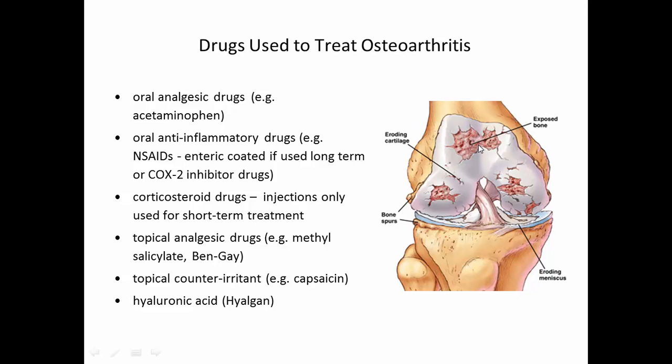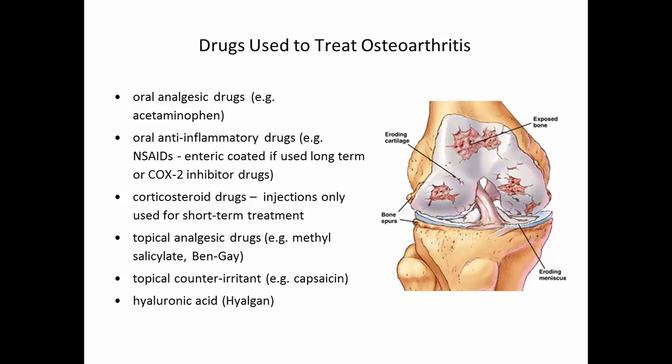Inflammation can be reduced by NSAID drugs or COX-2 inhibitor drugs, both of those. Corticosteroid drugs are usually injected right into the joint itself, and again, that can only be for the short term. In any given joint, you can only do 2, maybe 3 corticosteroid injections, and that's it.